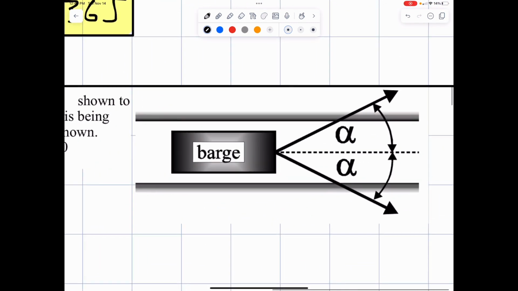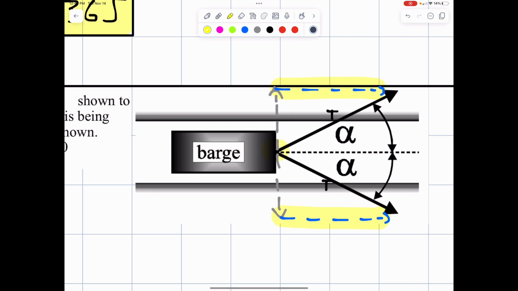Well, let's find components. We have tension and we have tension. I've got some gray components going vertical like this, and some blue components going horizontal like that. I only care about the blue components because, as you can see, they are parallel to the direction of motion that the barge is being displaced.